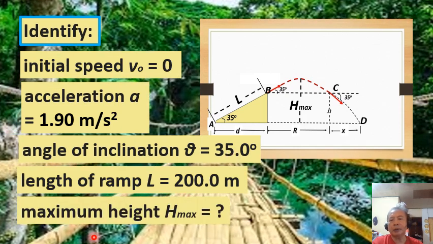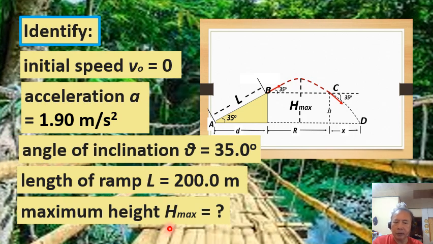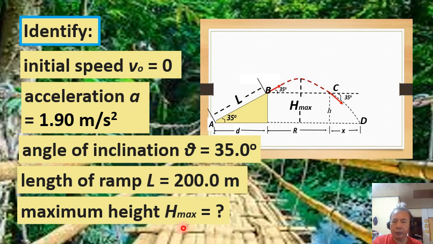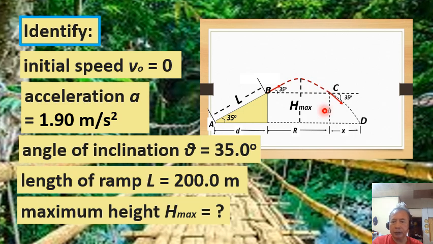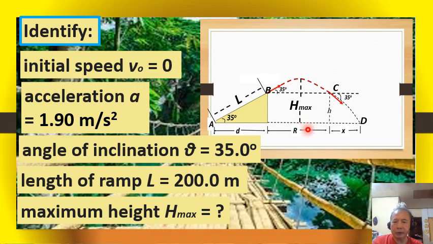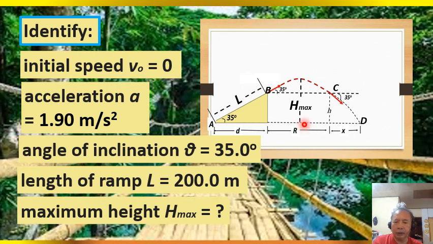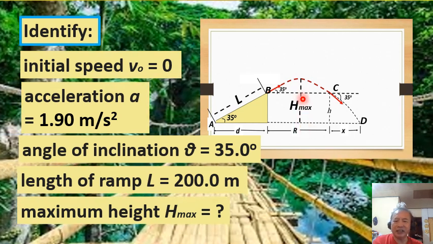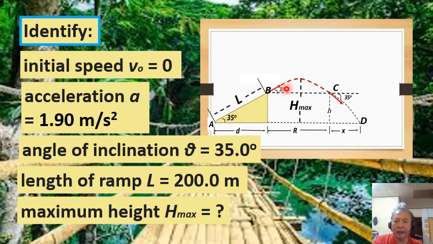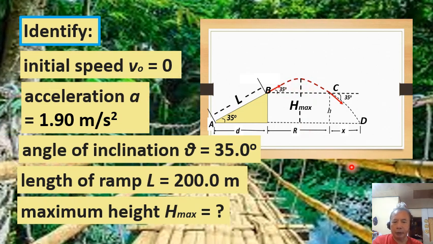Our first target variable in part A is the maximum height, denoted here by capital H max. In our diagram, this maximum height refers to the greatest vertical distance reached by the rocket as measured from the ground.